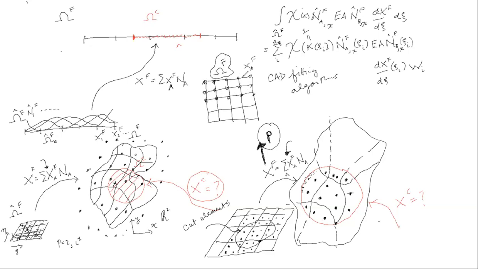And then we put the features back into the CAD. Now we know that omega C is contained in omega F, so we're in a well-defined situation mathematically for our method, and then we do everything that we've talked about up to this point.